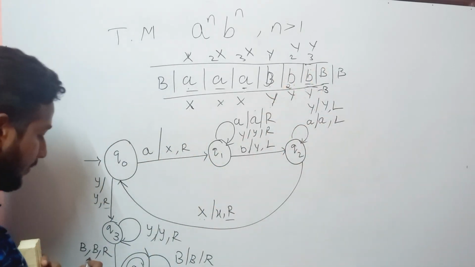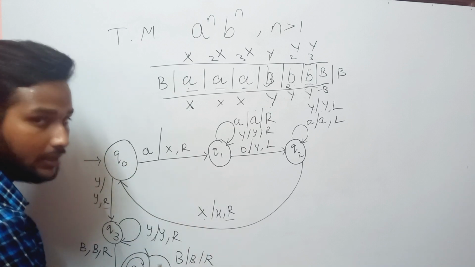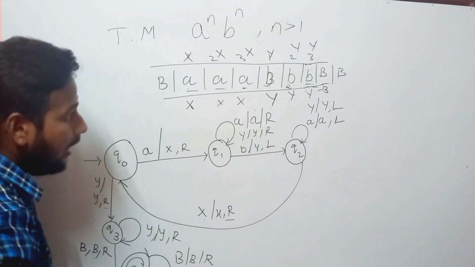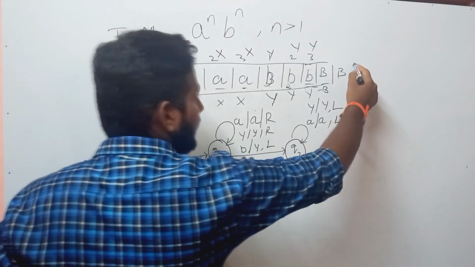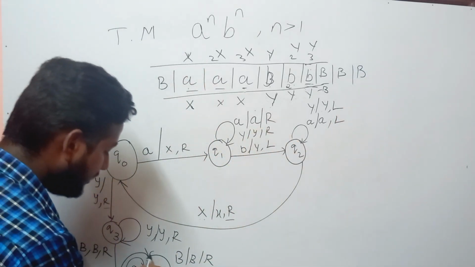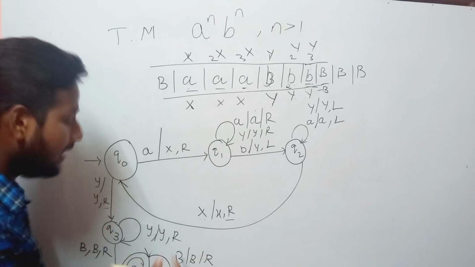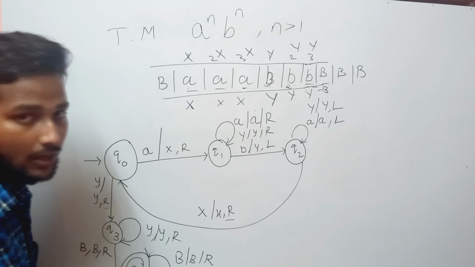If we reach the blank, then this is the final state Q4, represented with two circles. On an infinite tape there are infinitely many blank symbols, so we made this self loop: blank remains as blank and the direction moves towards the right.